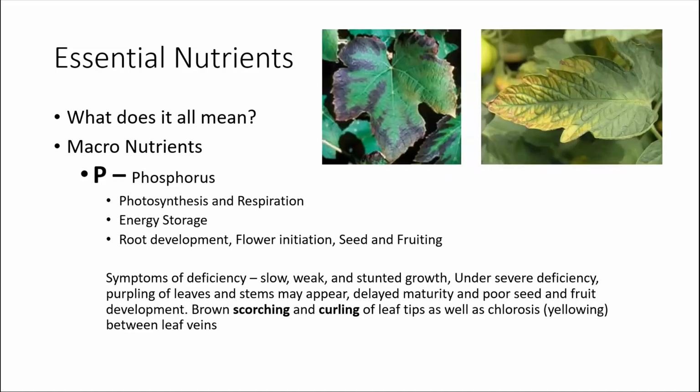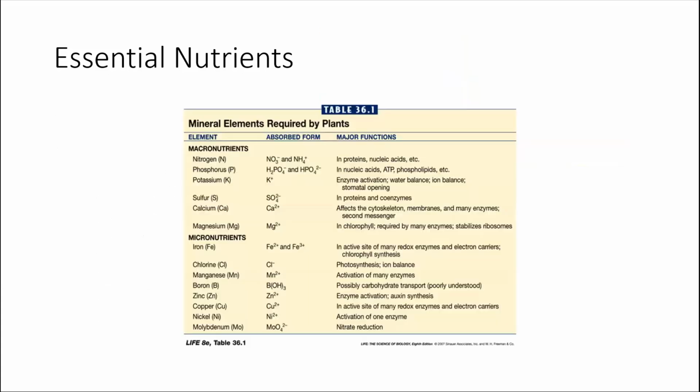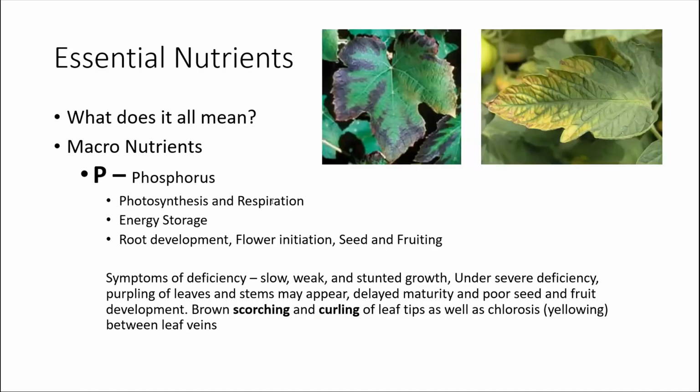If we look at phosphorus, it is used in photosynthesis, respiration, energy storage, root development, flower initiation, seed, and fruiting. Symptoms of deficiency: you get slow, weak, and stunted growth. Under severe deficiencies, you can get purpling of the leaves and stems in some plants.